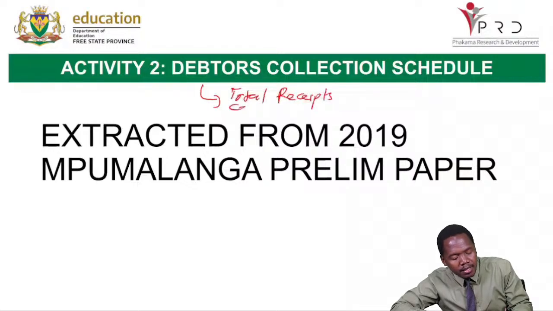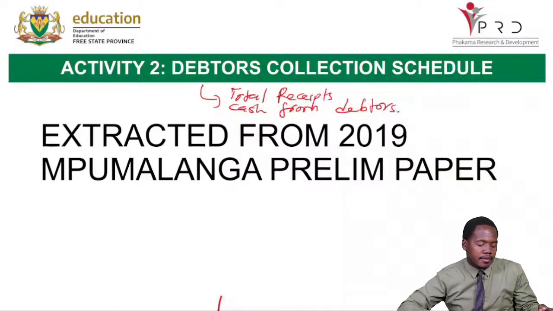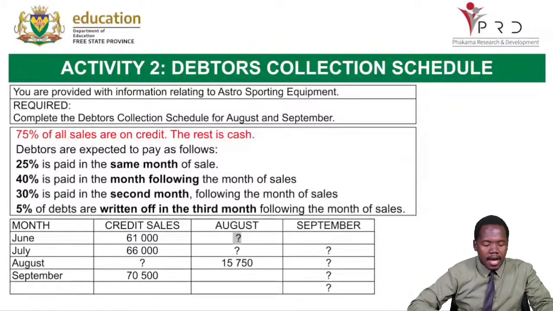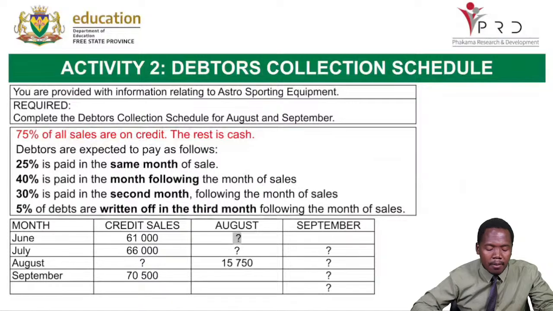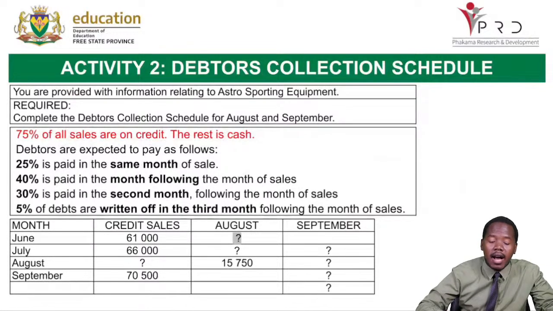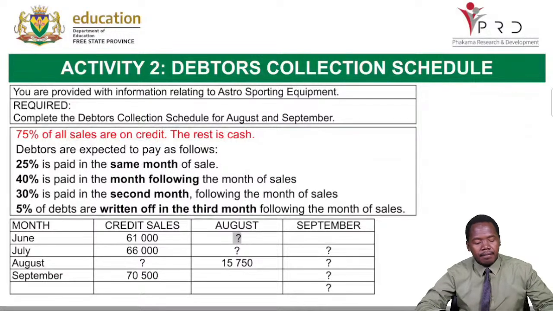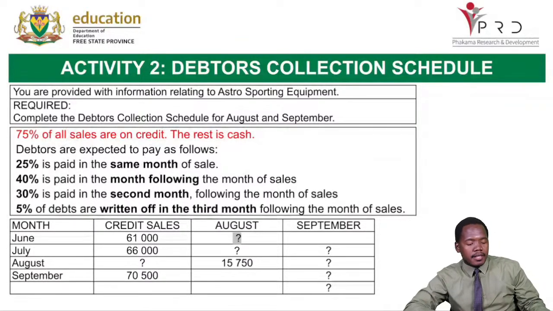Remember, the answer should be recorded under the cash from debtors. Now, let us look at the information given to us. We are provided with information relating to Astro Sporting Equipment. Required: complete the debtors collection schedule for August and September.